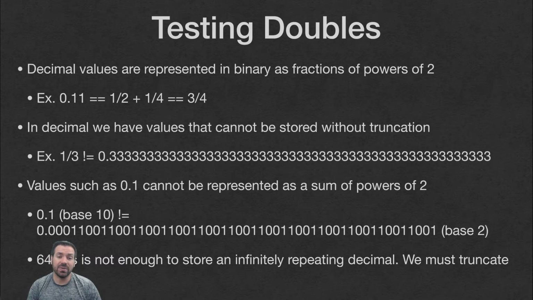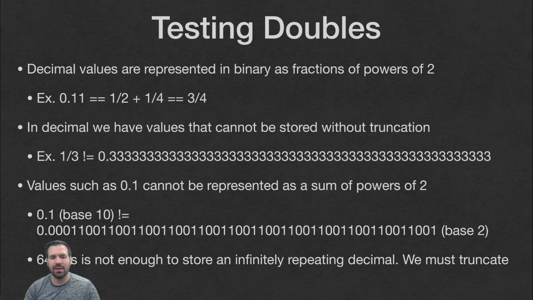There are such values in binary as well. And one of those such values is 0.1. 0.1 cannot be represented as the sum of fractions of powers of 2. It cannot happen. So when we try to add up all the fractions of 2, there's no possible way to represent 0.1. 0.1 is really easy to represent in base 10.